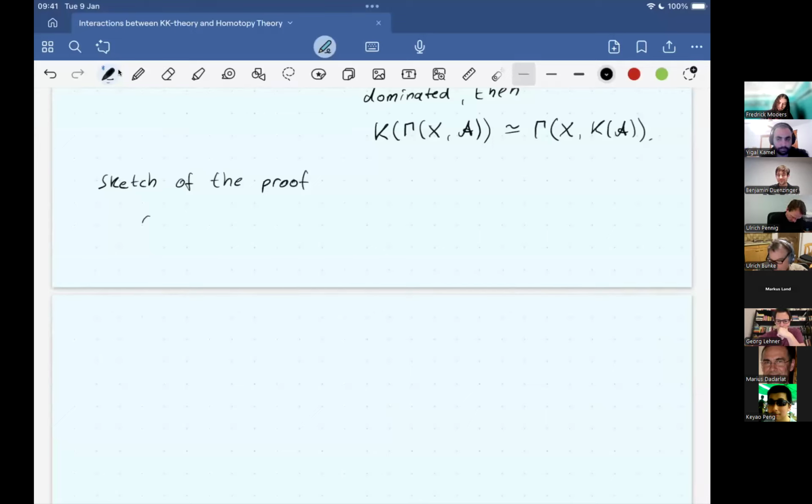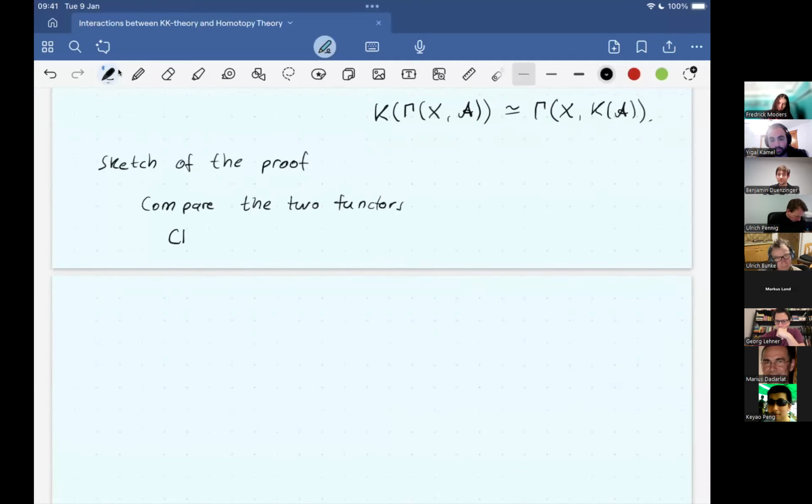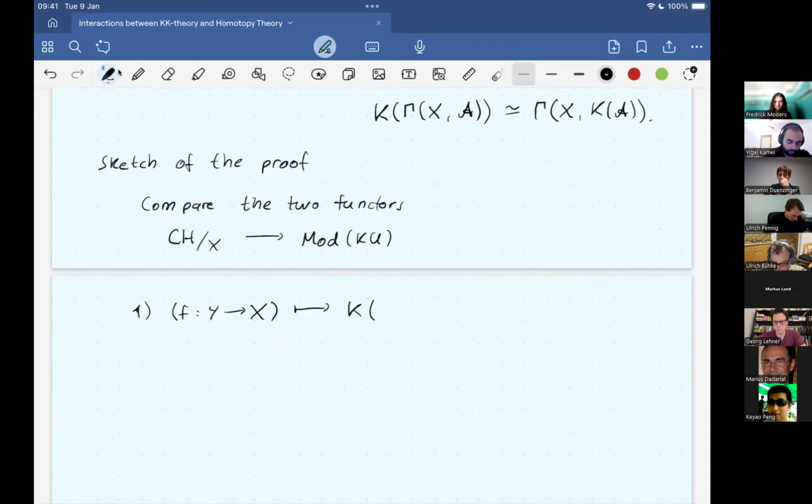So what we actually have to do is we compare the two functors from compact Hausdorff spaces over X to mod KU, where the first one is sending a space over X to this, and you can guess what the second one does.